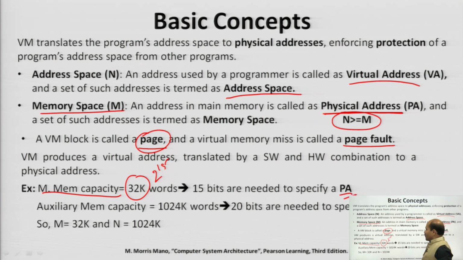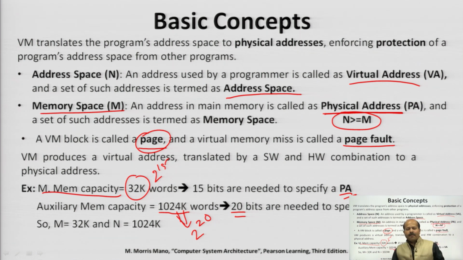So, the physical address will have 15 bits, and the auxiliary memory, or you can say virtual memory or address space, can store 1024K words. So, obviously, it will take 20 bits, because this will come as 2 to the power 20. So, here the address space is 1024K and the virtual address will be of 20 bits.